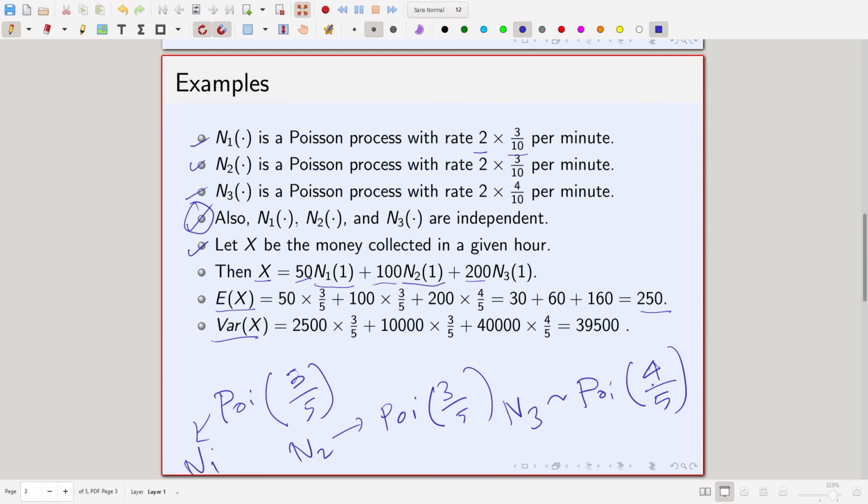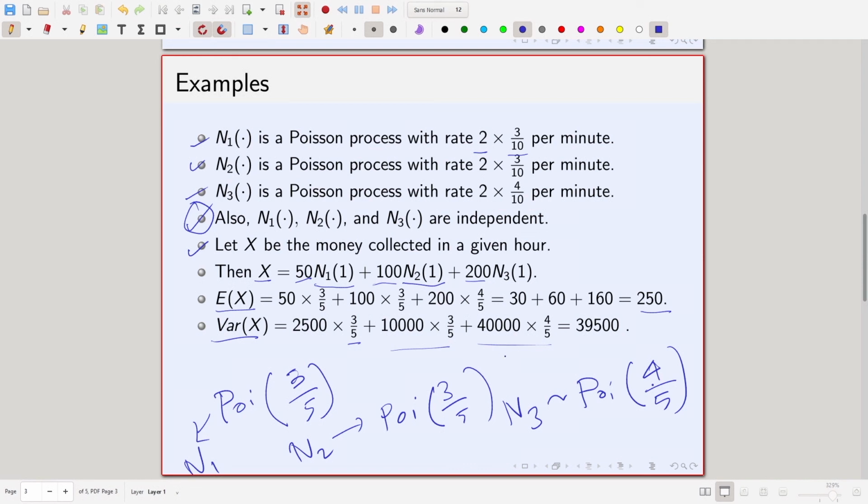So, the variance of X will be 50 square times variance of N11, which is 3 by 5, 100 square times variance of N21, which is this, and 200 square times variance of N31, which you get to be equal to this.